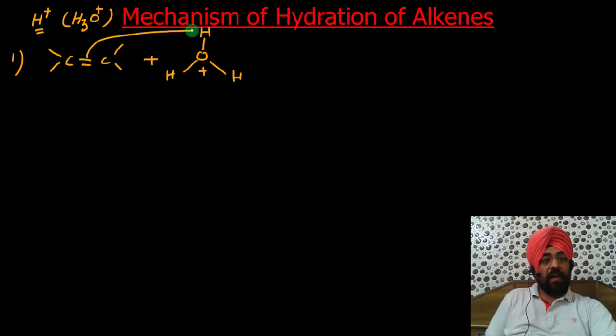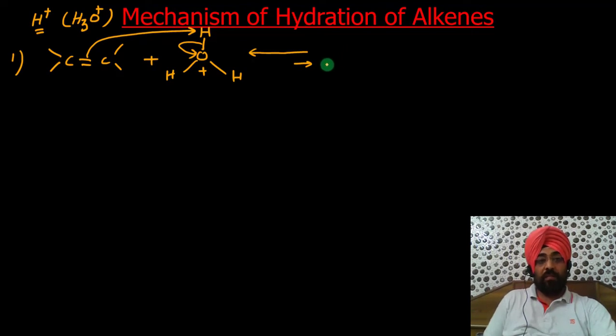Alkene will attack here, this electron will shift here, and you can see the product will be a symmetrical alkane. You can add this H positive to either this carbon or this carbon, the product will be same. So suppose we add this H to this carbon, so C-H single bond, now it has become single bond because this electron has been donated.